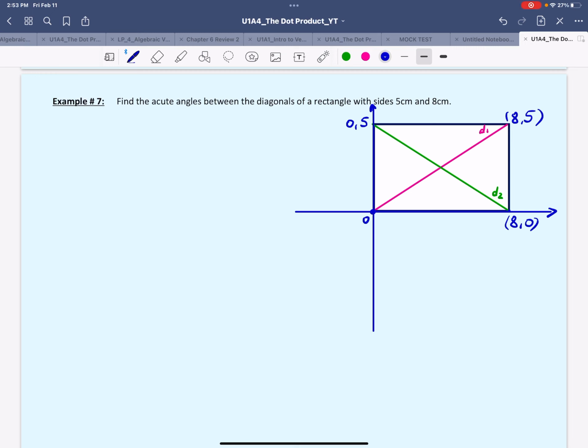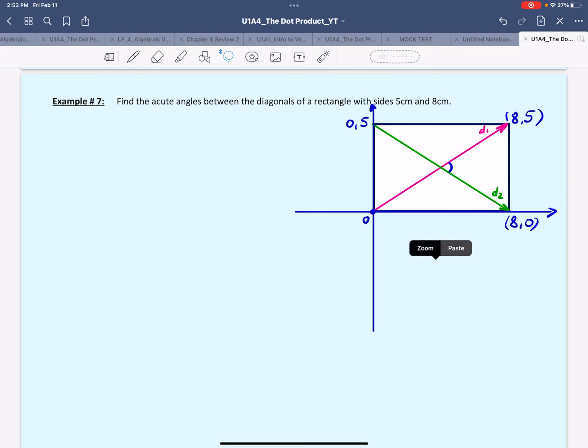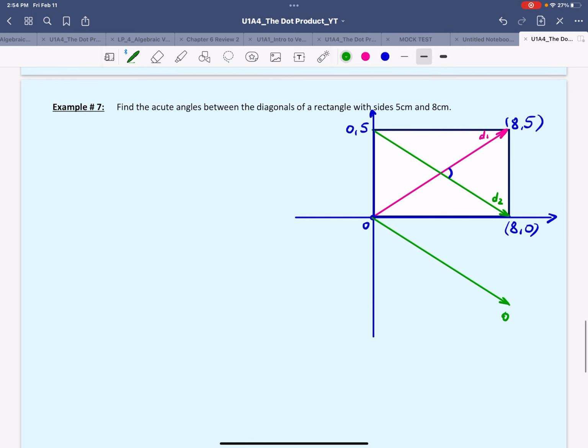Now, the acute angle between the diagonals will be this angle here. And I am going to give the diagonals a direction. So here's the diagonal D1, and this one is D2. And to find the angle between the diagonals, I'm going to place them tail to tail. So here we go. I am going to bring the diagonal D2 with the tail at the origin.